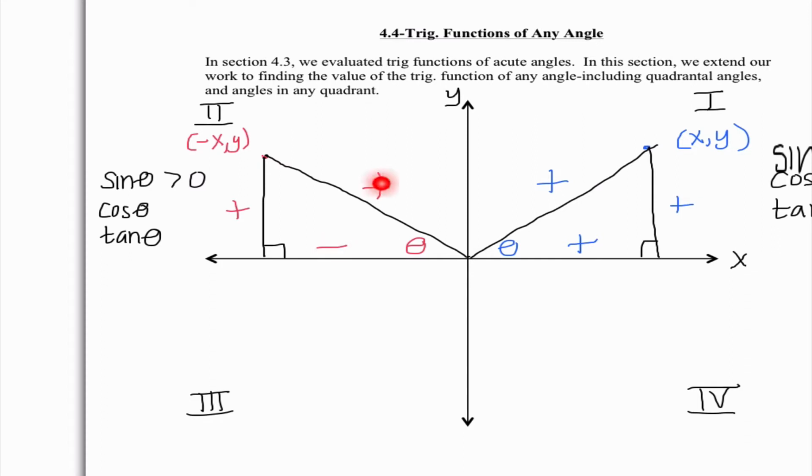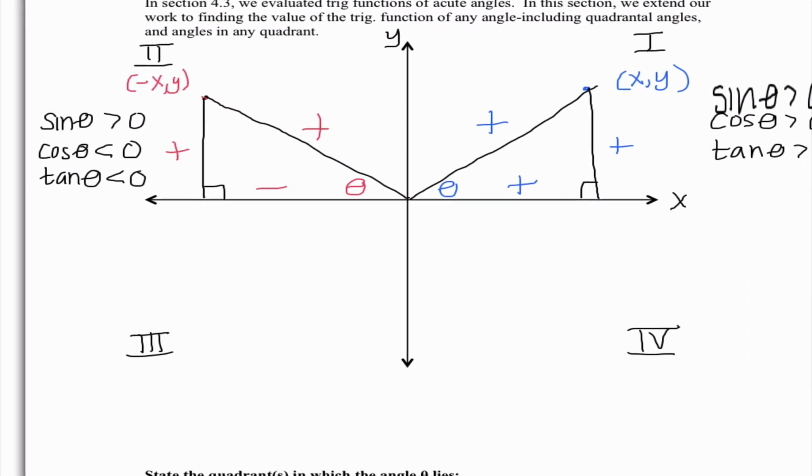Cosine, adjacent over hypotenuse, if I have a negative over a positive, that gives me a negative number, which means cosine is less than 0. Tangent, opposite over adjacent, a positive over a negative, also tells me that tangent is negative. So we notice here sine is the only value that's positive, and that is because both the opposite side and the hypotenuse are positive in quadrant 2.